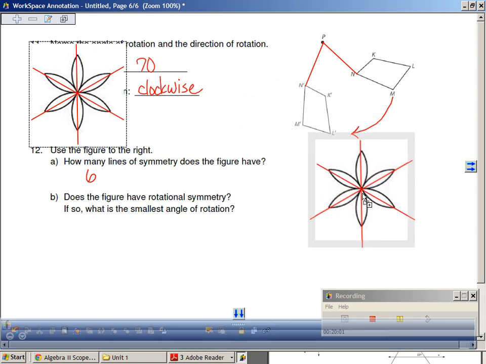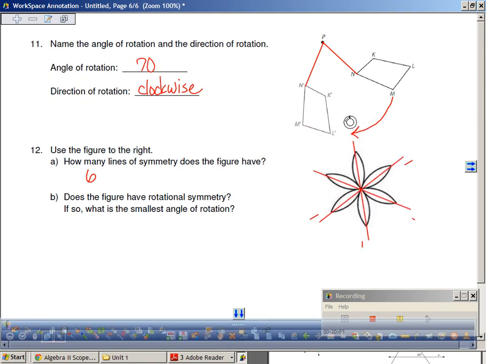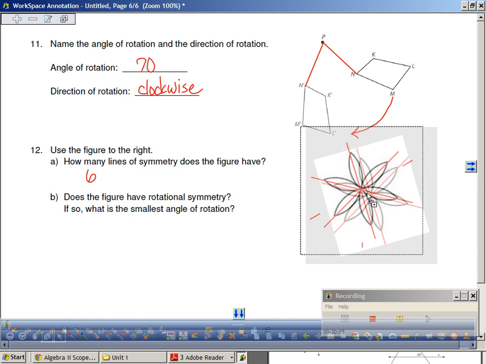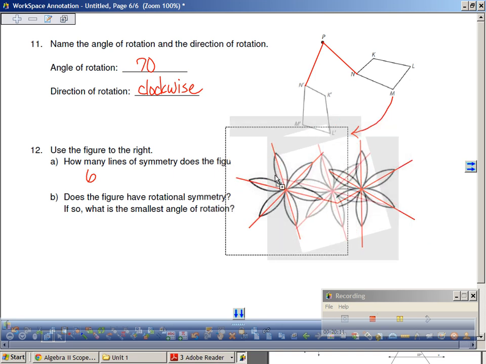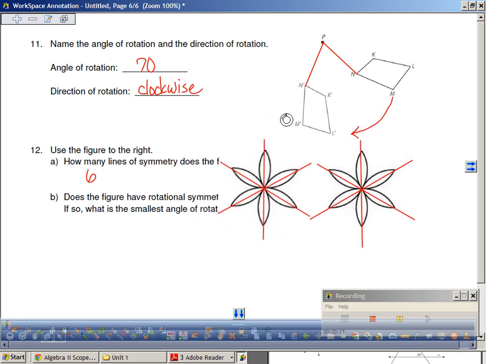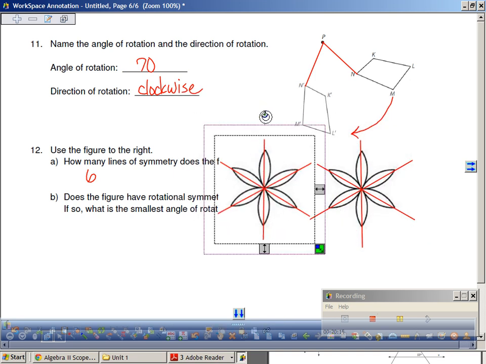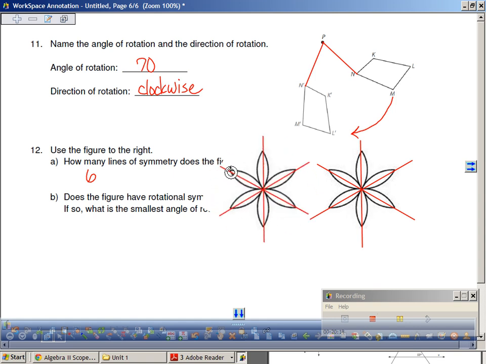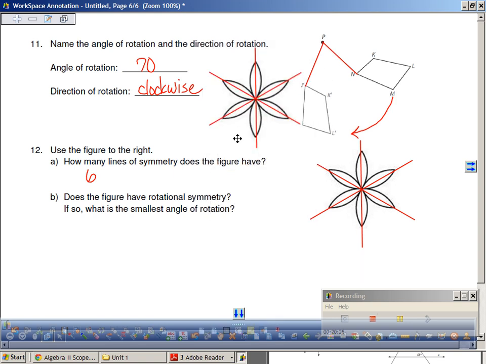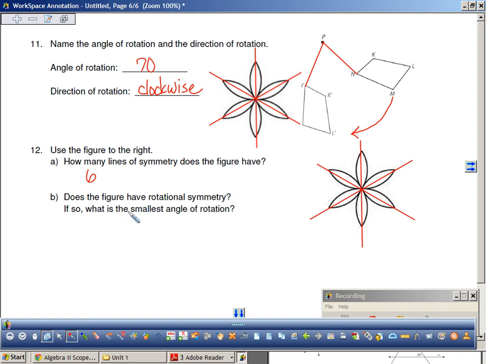If you use patty paper, you should be able to see when you turn it, oh no, can't see it because I would have had to trace it. So I'll do it on the side. Can I turn it and it still looks the same? Yes. So it does have rotational symmetry. I just have to figure out how much of a rotation.